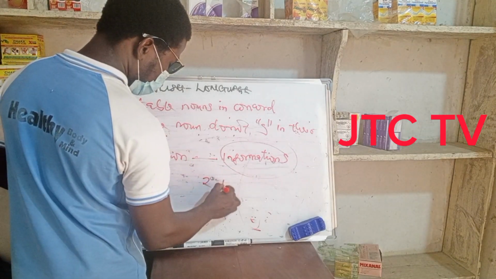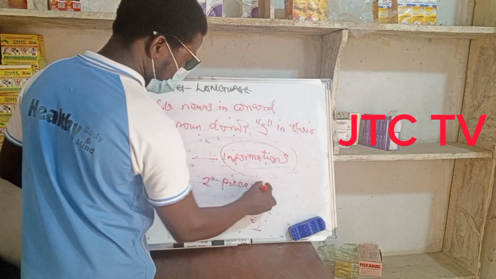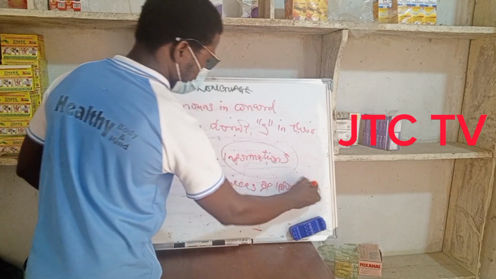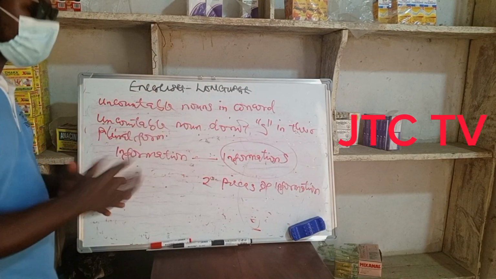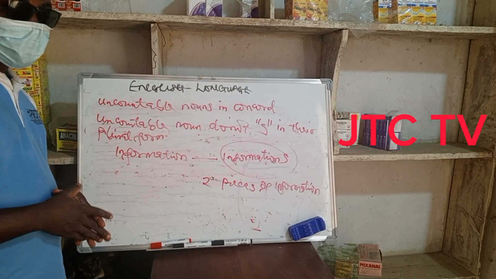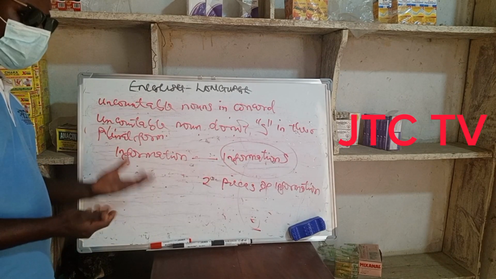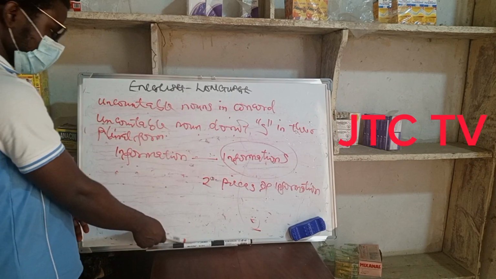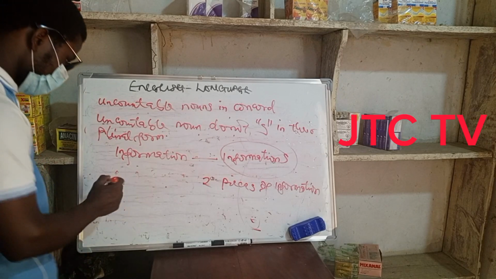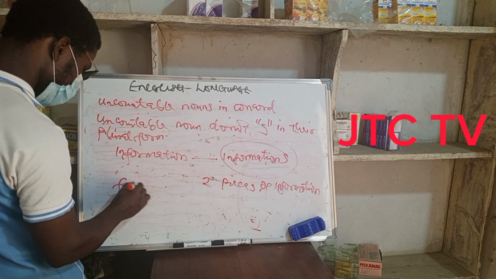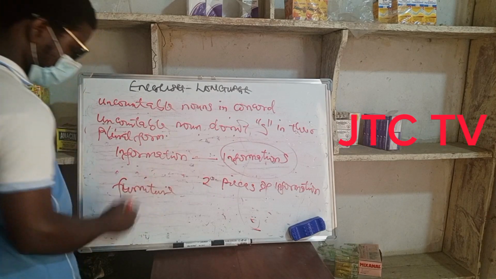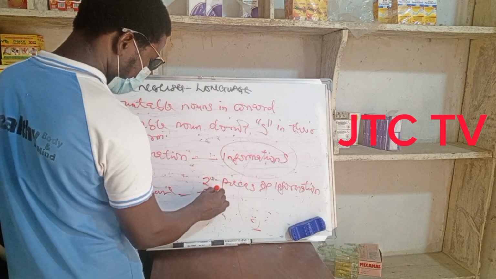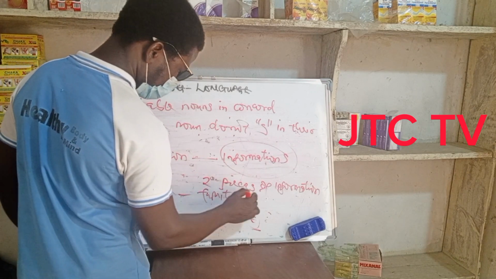Instead, you say two pieces of information. If it is just one, you say a piece of information. If it is two or more, 2, 3, 4 pieces of information. Furniture: you don't pluralize it as furnitures.